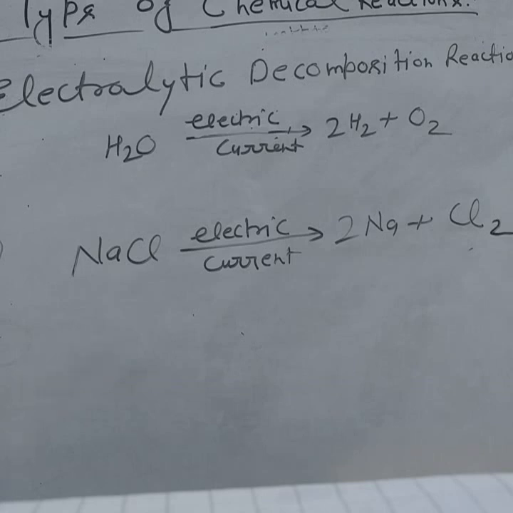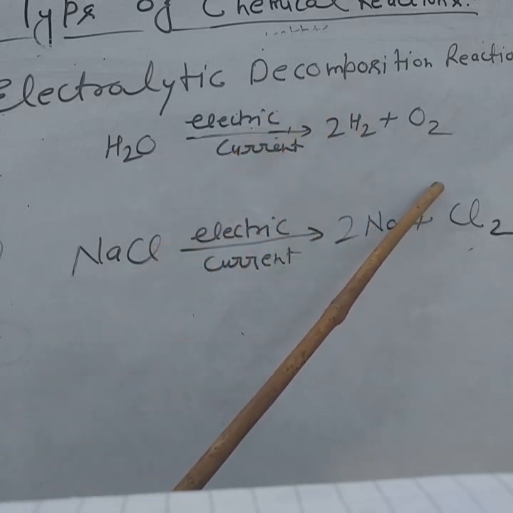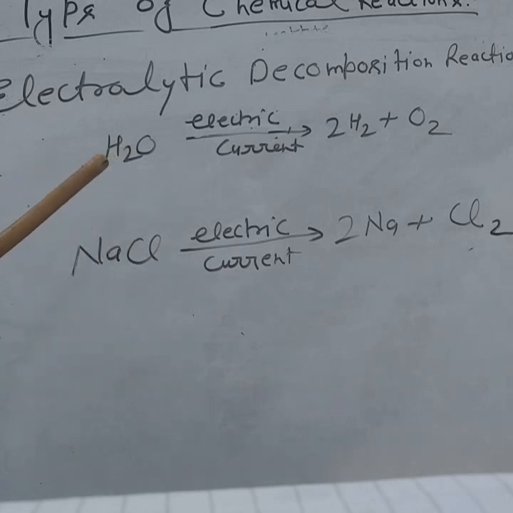These are some examples of electrolytic decomposition reactions. Electric decomposition of water to hydrogen and oxygen is also termed electrolysis of water. This process is called electrolysis of water, and this reaction is called an electrolytic decomposition reaction.